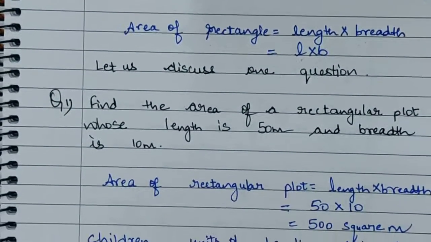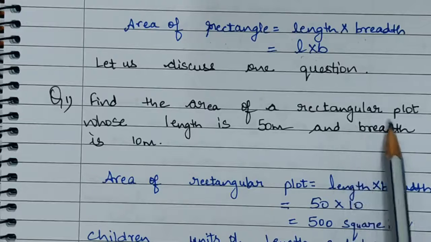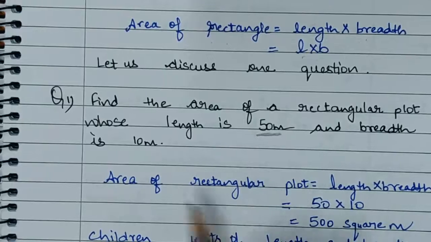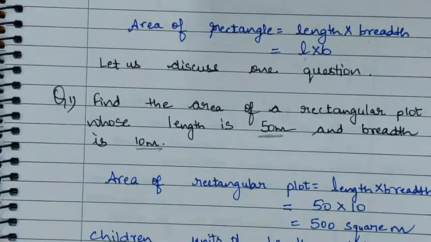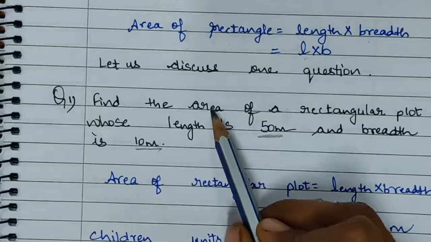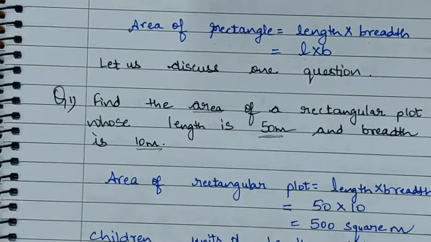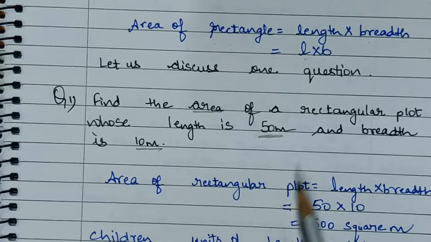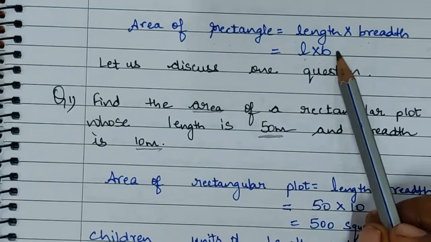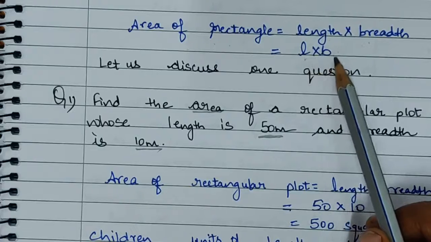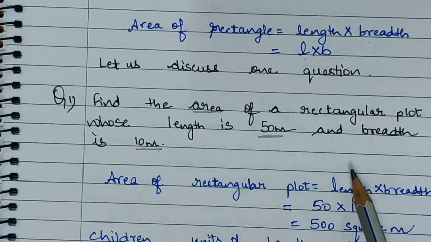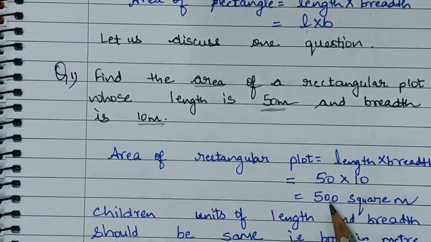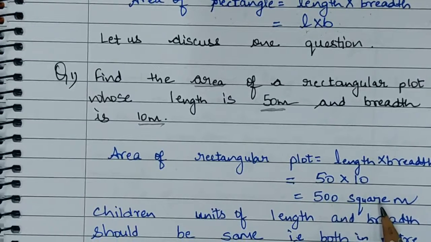Find the area of a rectangular plot whose length is given to you and breadth is also given to you. And we have to find the area. Now, the area formula we have just done, that is L into B. So, 50 into 10, that is 500 square.